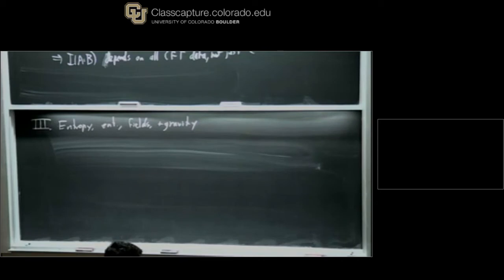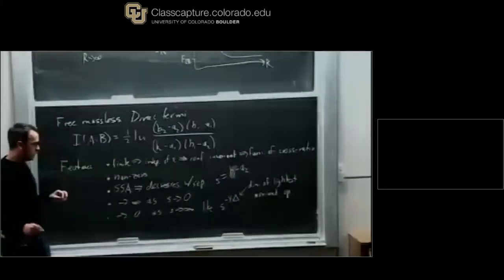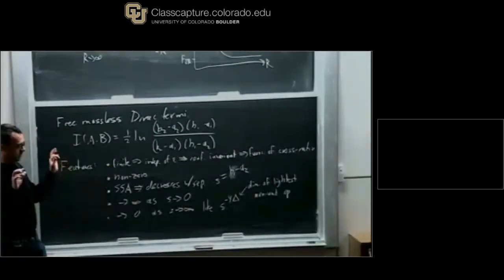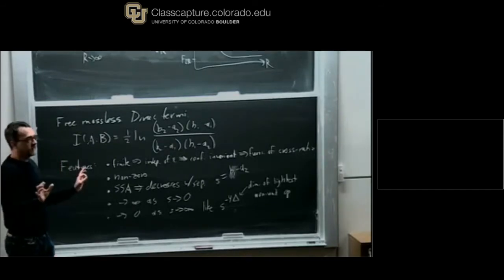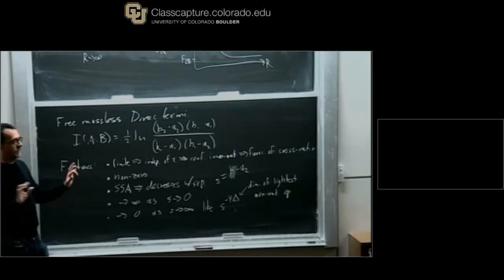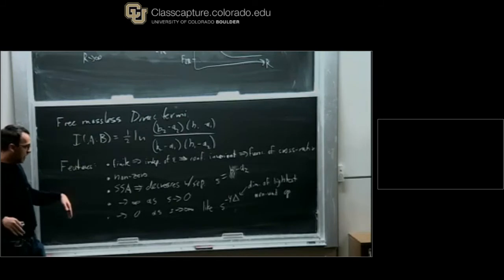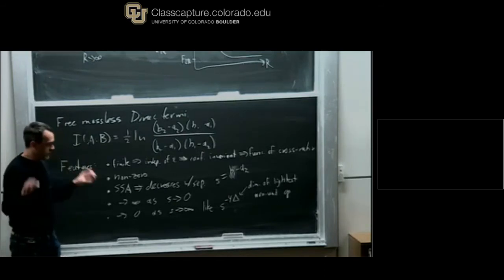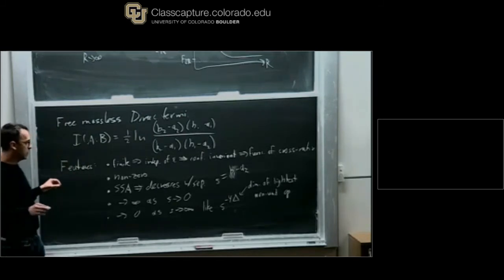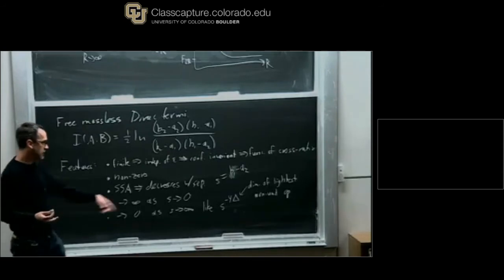No, this you can show in general. What you do is apply the replica trick in a general theory, and before taking alpha to 1, you assume S is large, and then it simplifies, and you get a relatively simple formula on which you can take alpha to 1, and you get this.